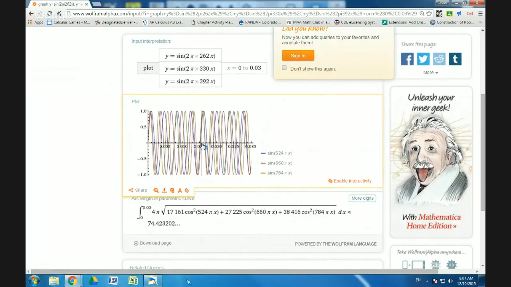And then here's where they really come together, and it's very obvious. That's a very short interval of time, 0.015, that they're intersecting. That would be a great indicator of something that sounds good. In very short intervals, the sound waves are coming together.